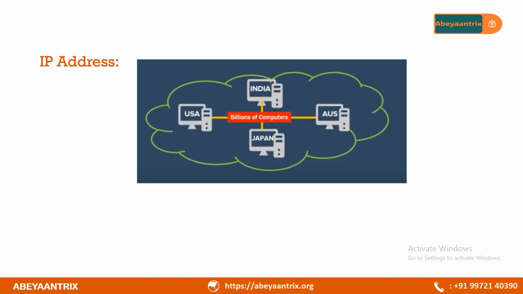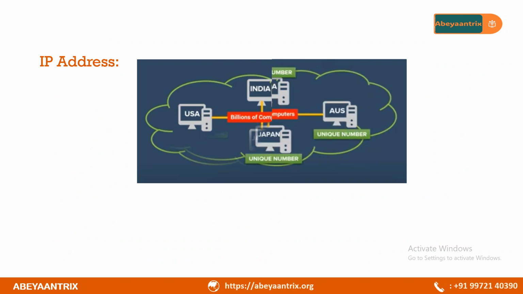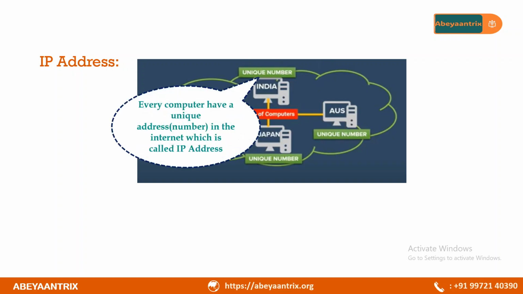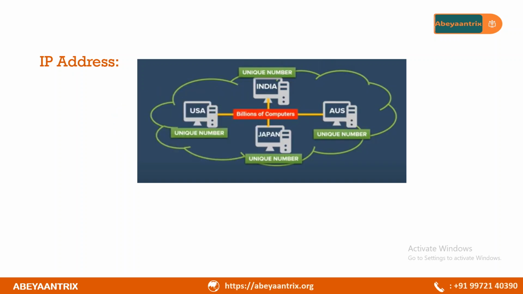Next we'll understand the IP address. I think you know every system has a unique number. Why do we use that unique number for a system? Because in the world we have billions of computers, right? So every computer is identified by its unique number. That unique number we call the IP address.